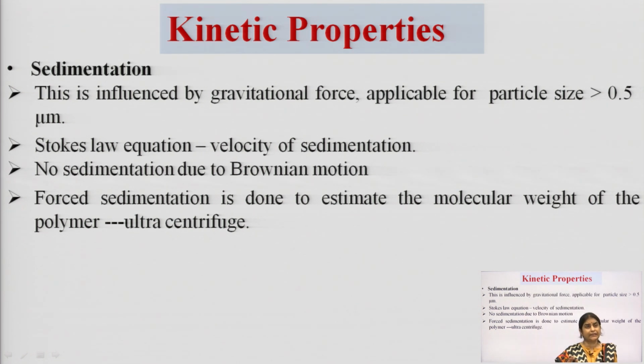In this case we can also do forced sedimentation, and it is done to estimate the molecular weight of polymers. And how is it done? It can be done by using ultracentrifugation.